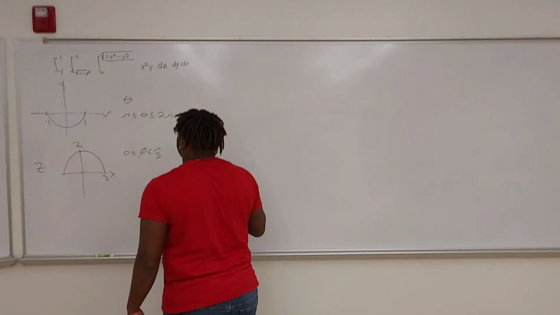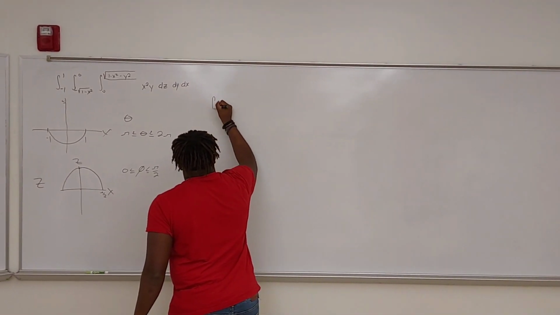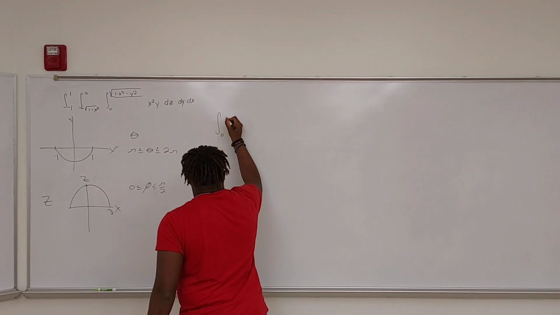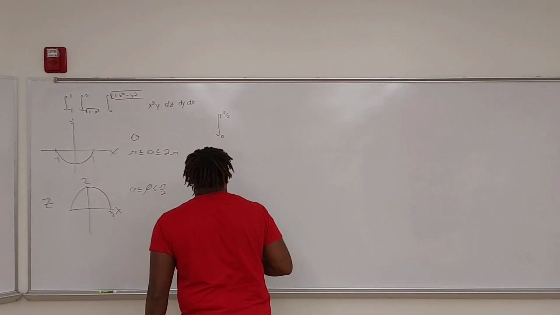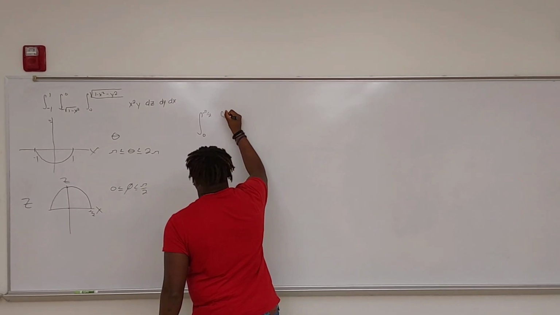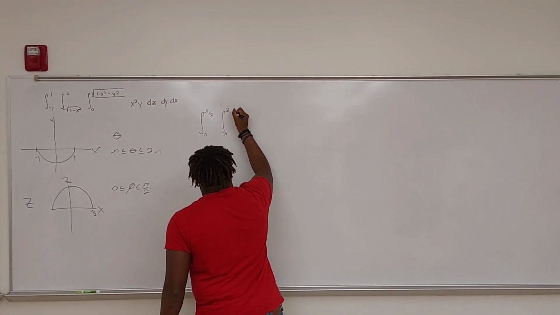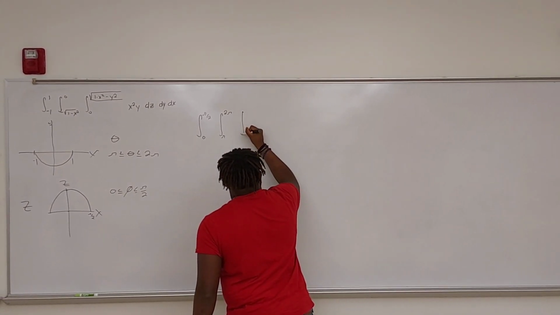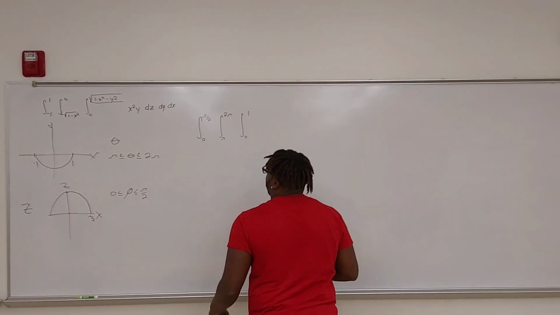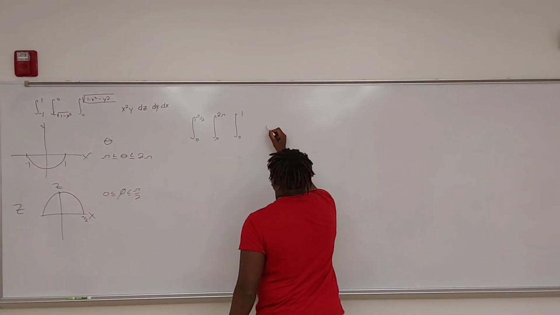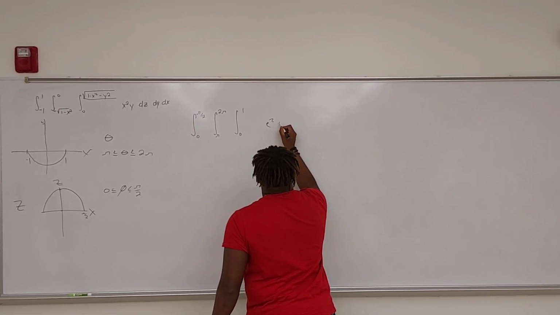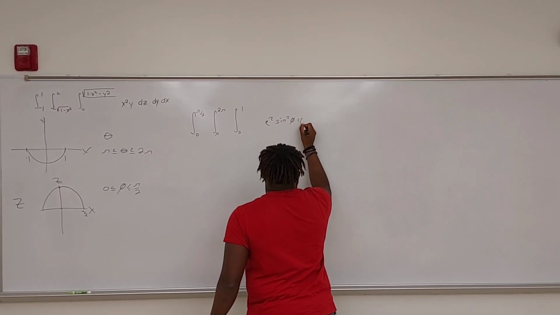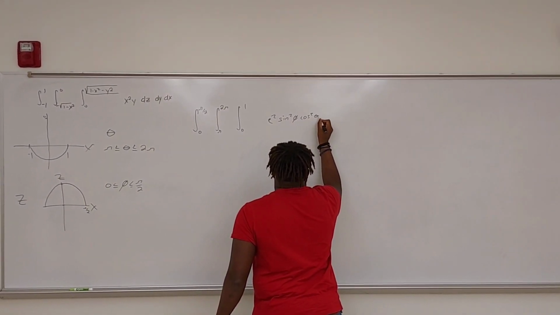Okay, so now that we have that, we now make the new triple integral that we found. So for the bound for phi, it will be 0 to pi over 2, and then for theta, it will be pi to 2 pi, and then for rho, it'll just be 0 to 1. And then for x squared, it'll be rho squared sine squared phi times cosine squared theta.